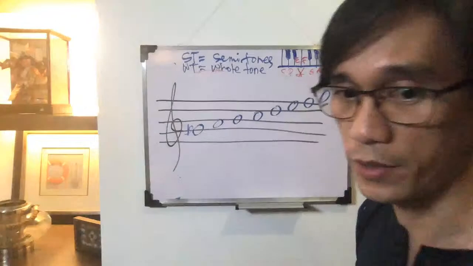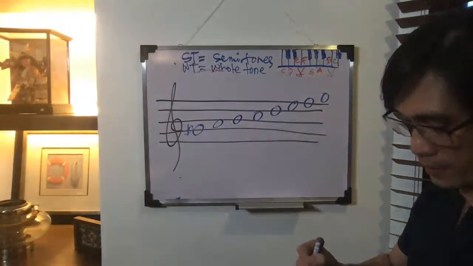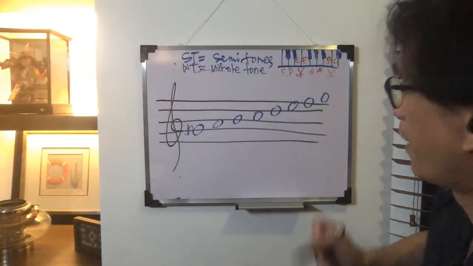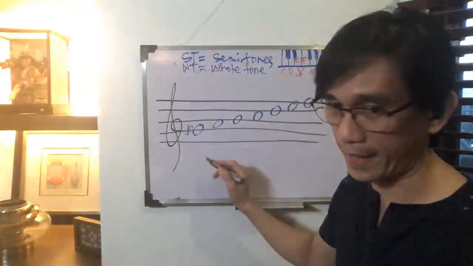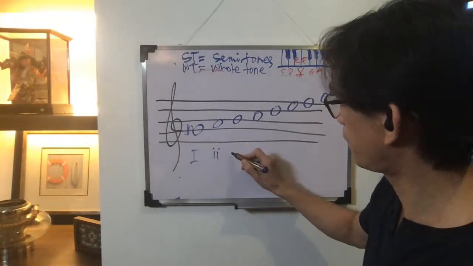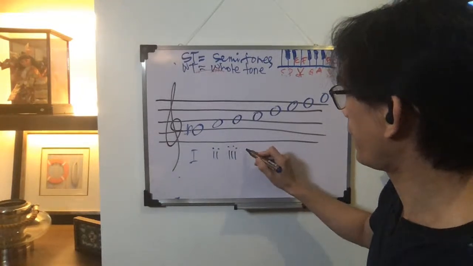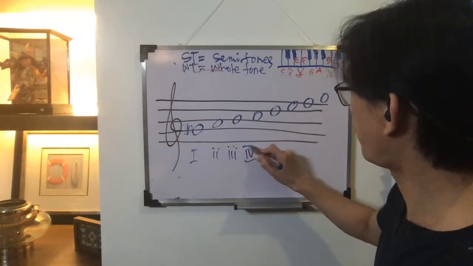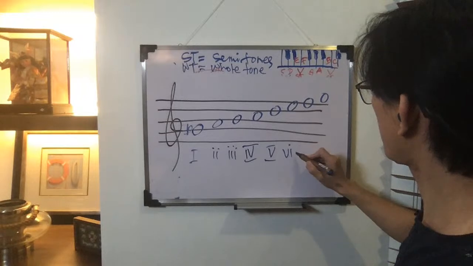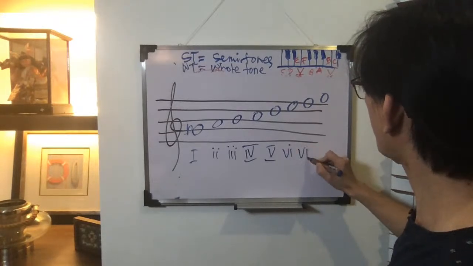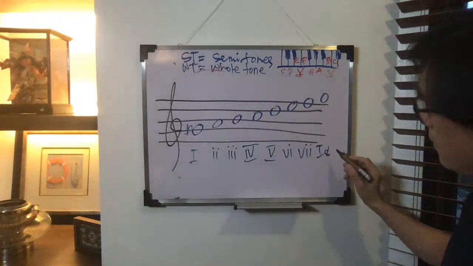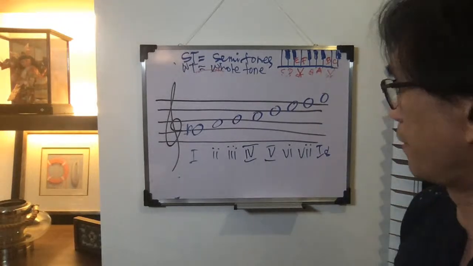So now, what do we do? Any guess? Of course, you need to label again the tones. So 1, 2, 3, 4, 5, 6, and then 7, and 8. 8 is the octave.